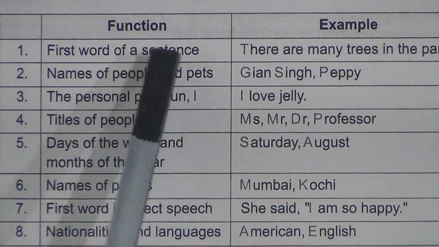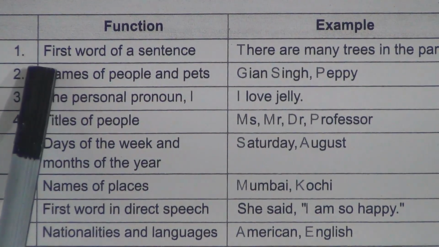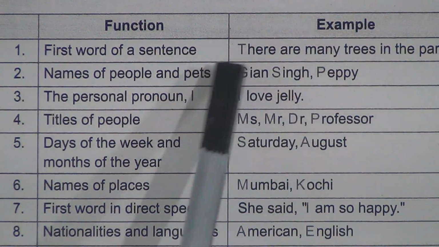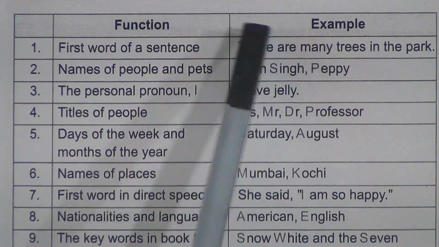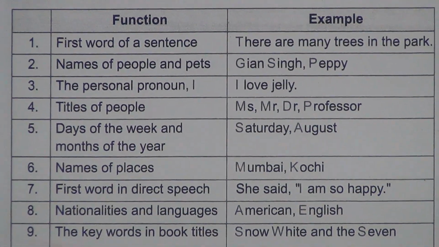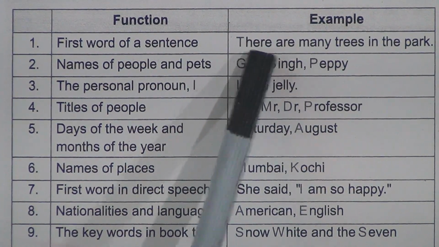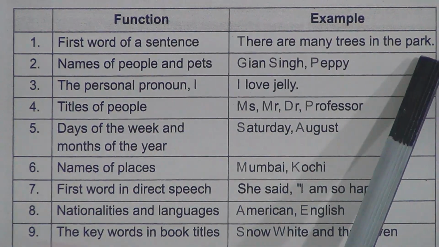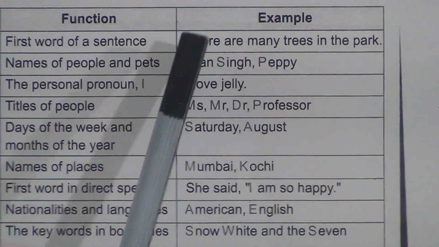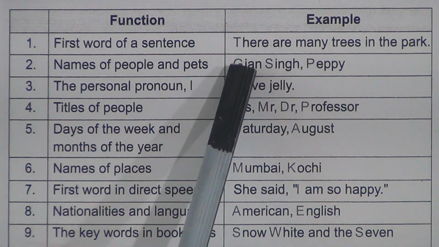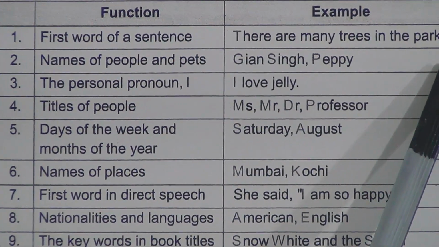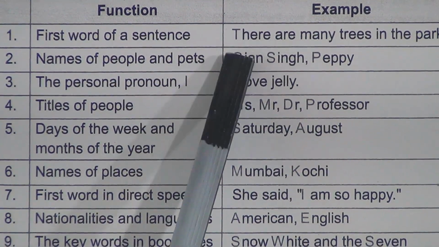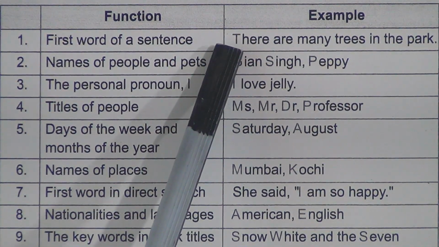First, the first word of a sentence. When we write a sentence, the first word starts with a capital letter. For example, we can say, There are many trees in the park. Look here, There is the first word of this sentence. That's why we write T in capital letter.